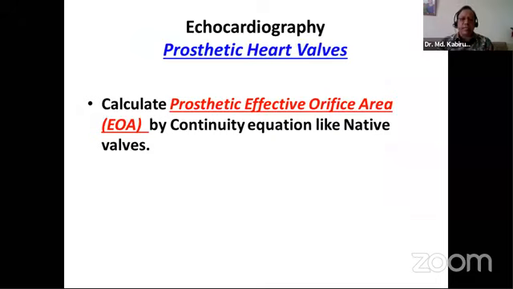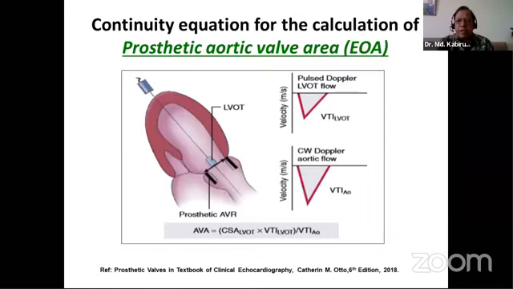You have to calculate the effective prosthetic orifice area by the continuity equation. This is like the native valves. This is the way to assess the effective orifice area of the aortic valve. You have to apply this formula by continuity equation. You have to find out the LVOT diameter.